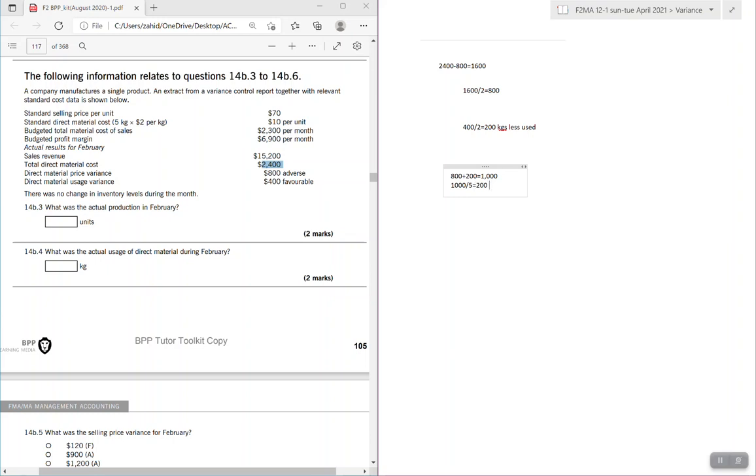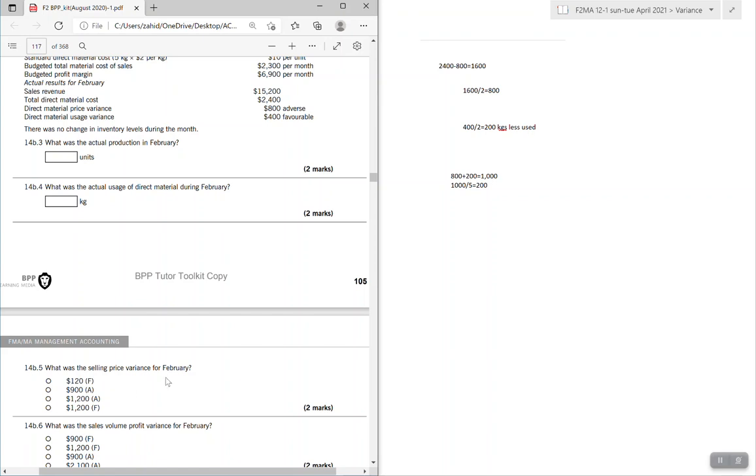For 200 units. So from one data we found another data. The difficulty in questions like these is to find where you should start from. So I found the standard kgs, then I added the more or less kgs to find the total kgs, and from that I found units. So the answer for this one is 200 units, and this one is 800 kgs.